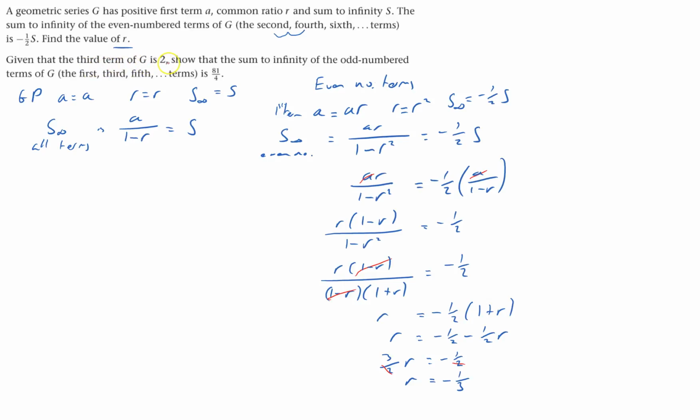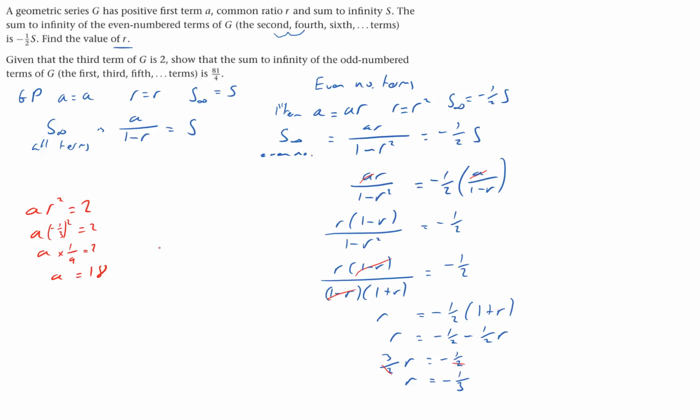Given the third term of the GP is 2, that means that AR squared equals 2. That means that A times negative a third squared equals 2. So A times 1/9 equals 2. So A equals 18.